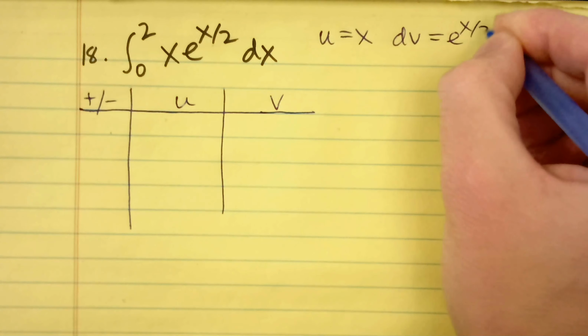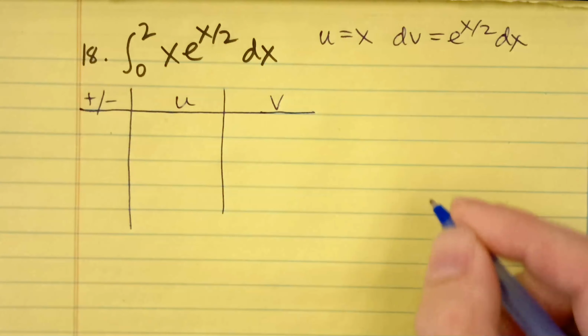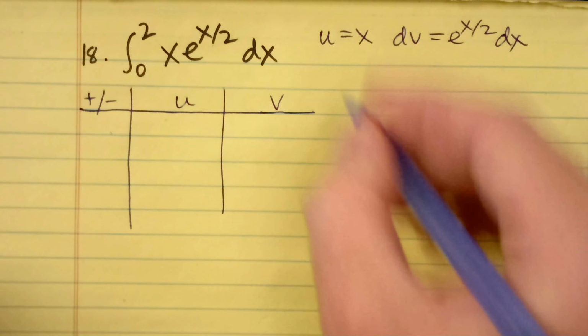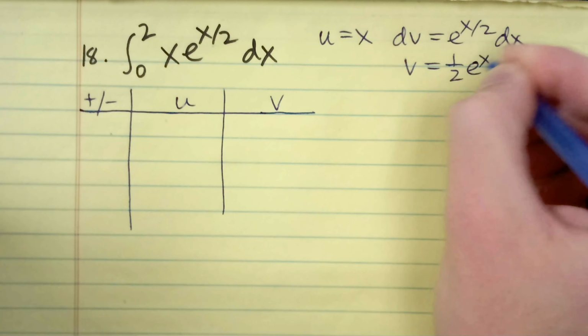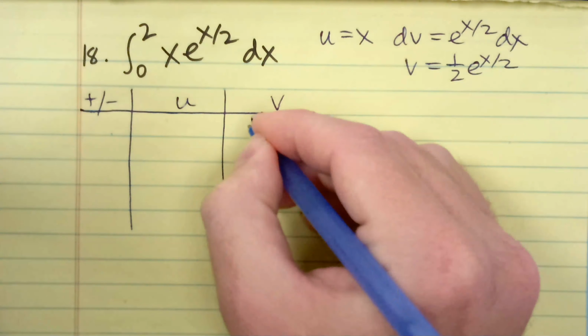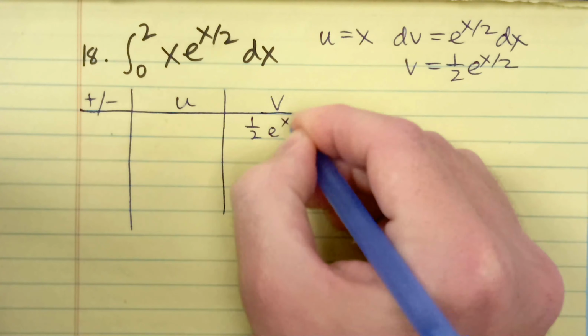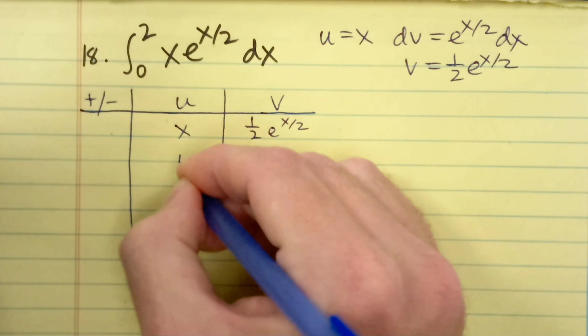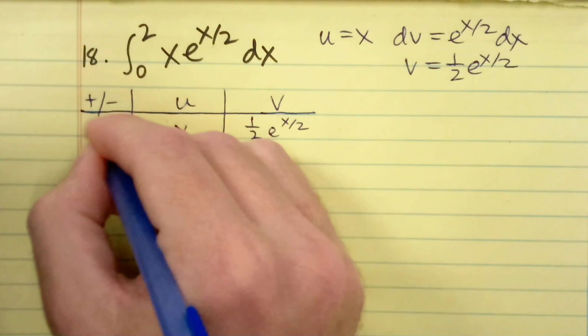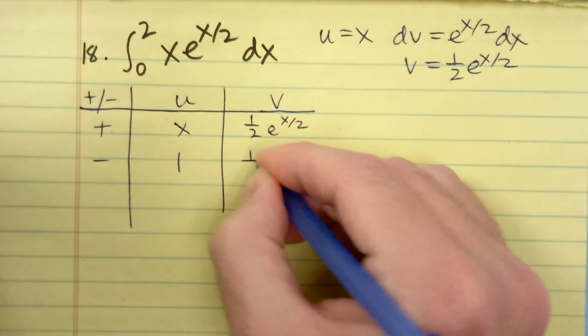Okay, I'm going to need v. V is 1/2 e to the x over 2. Okay, so u is going to be x, du is going to be 1, so that's as far as I need to go. But there are people that do this every time.